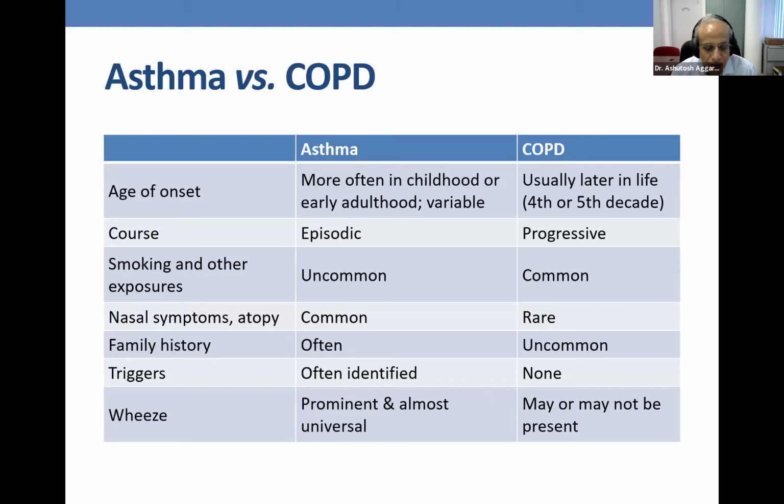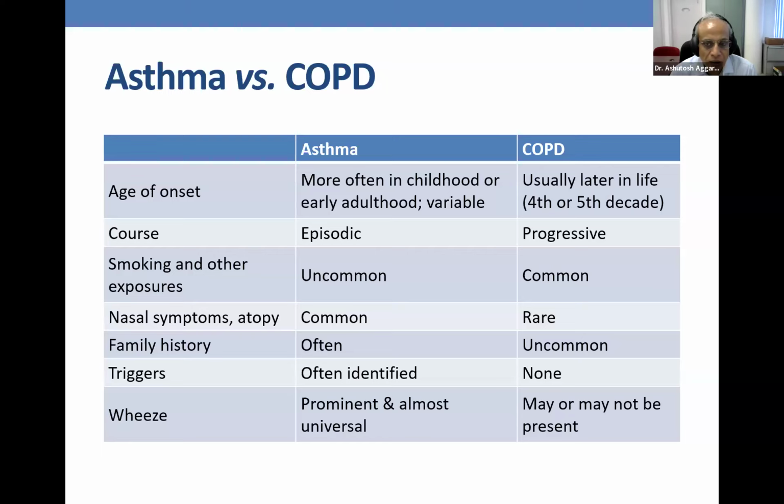Although they might be treated with a similar kind of medications, they have an entirely different kind of prognosis. And it is important, therefore, to distinguish between the two, not only to determine what kind of initial treatment is required, but also to explain the overall prognosis to patients and their family.